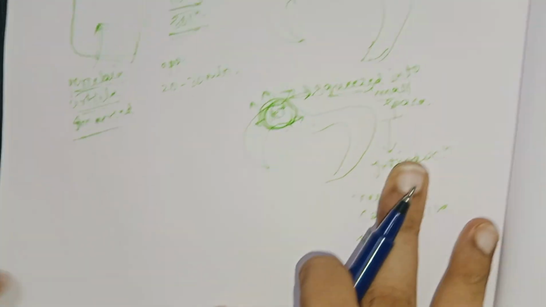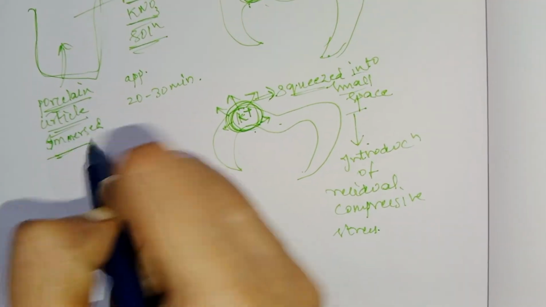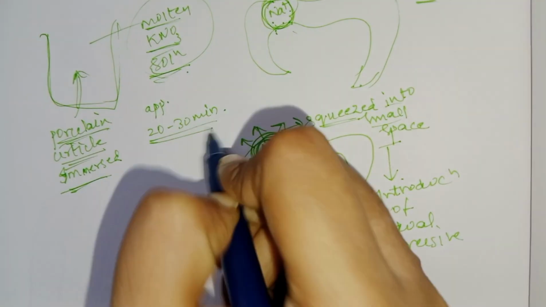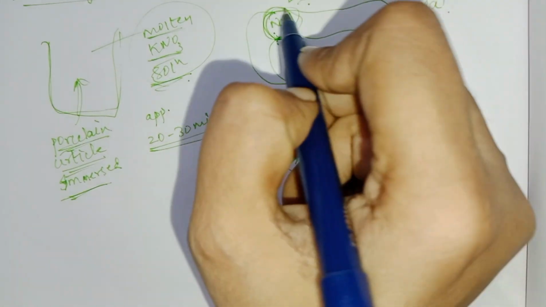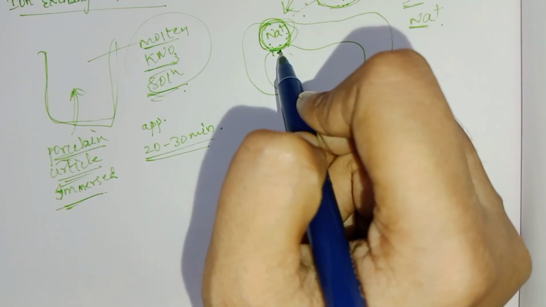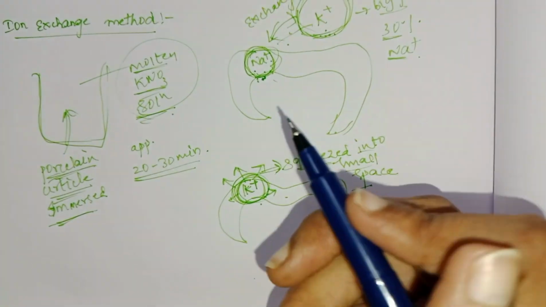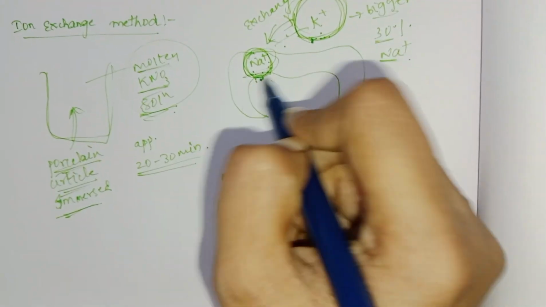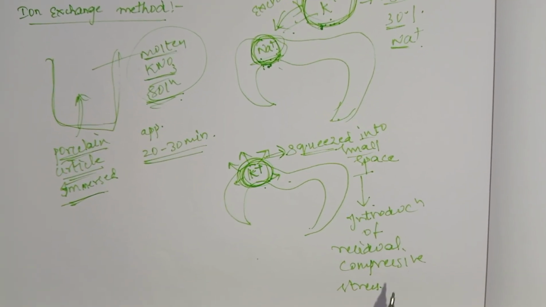See what we have learned. The porcelain article gets immersed into this molten potassium nitrate solution for 20 to 30 minutes. As the sodium ions are small, they are exchanged with large potassium ions, which are 30% bigger than sodium ions in size.